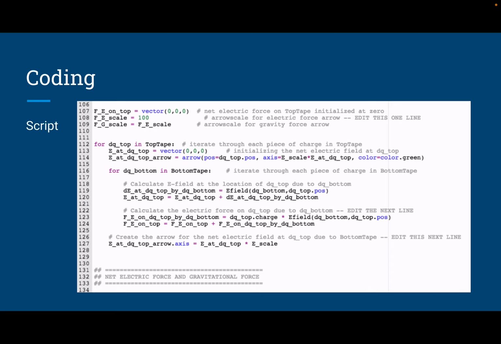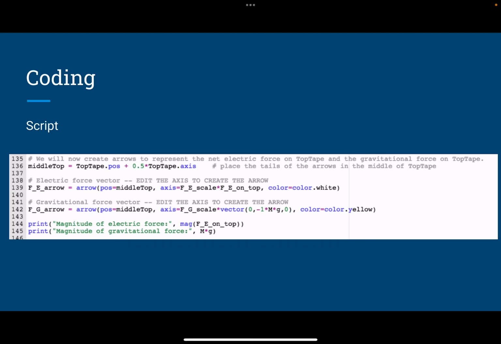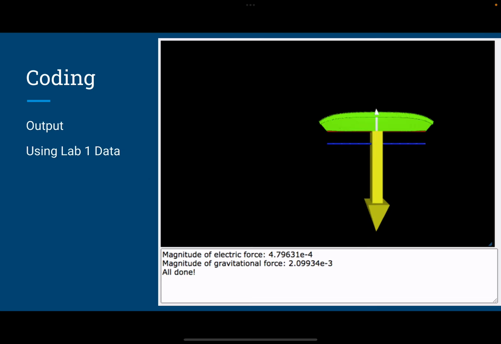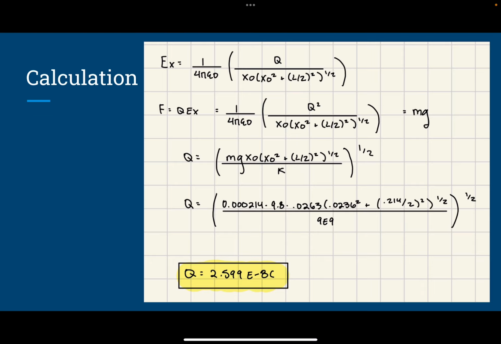Down there was an edit adding the electric field at the top times the electric scale, as well as an edit showing the calculation of the electric force at the top due to the bottom. Over here is the actual creation of the arrows, and the main edit here was that the gravitational force arrow has a negative mg as the Y value, as well as multiplying by the top at the very beginning.